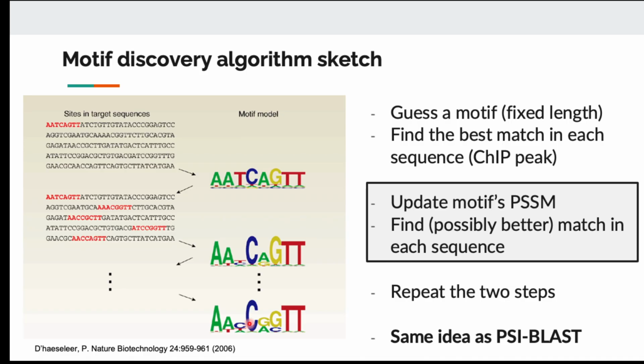But some of you might be able to imagine that this has a severe problem. If your first guess is really bad, like if you guess all A, it's not going to match anything in particular. So how this algorithm works depends very much on the first guess.